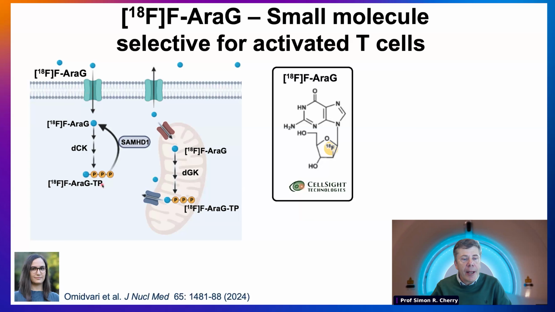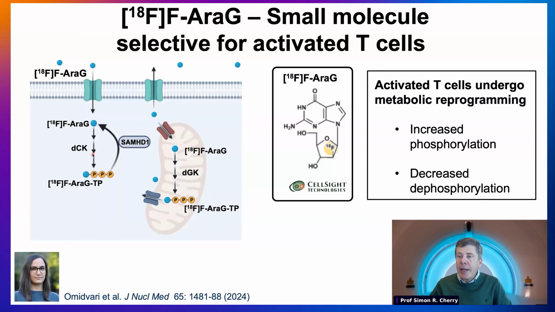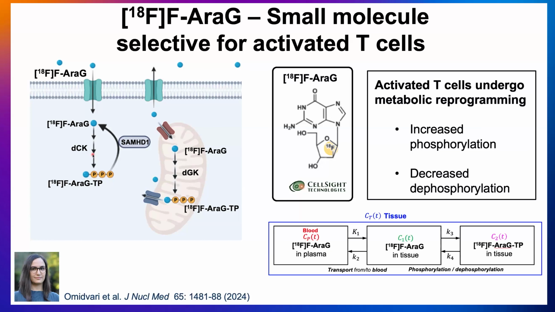It can be phosphorylated and trapped in the tissue, but it can also be dephosphorylated and come back out. And in activated T cells, we see increased phosphorylation, decreased dephosphorylation, which means we see an accumulation of this radio tracer in activated T cells, and we can measure that throughout the body with PET.